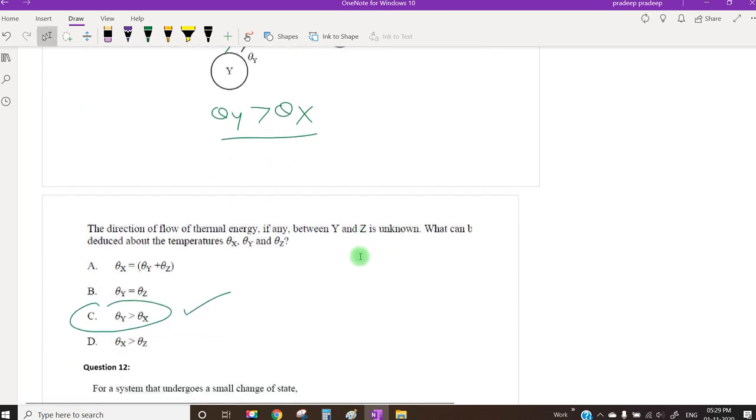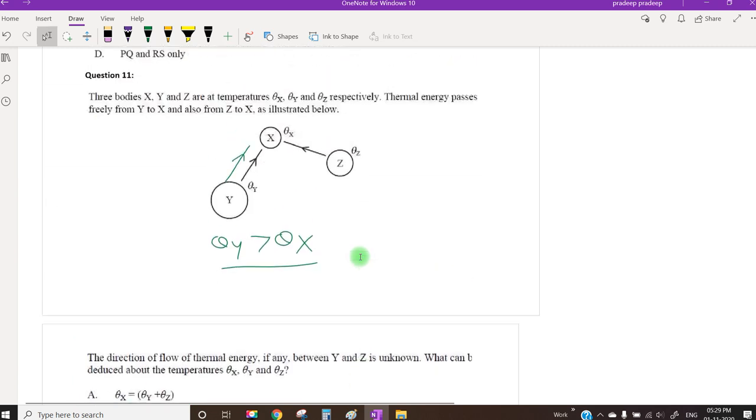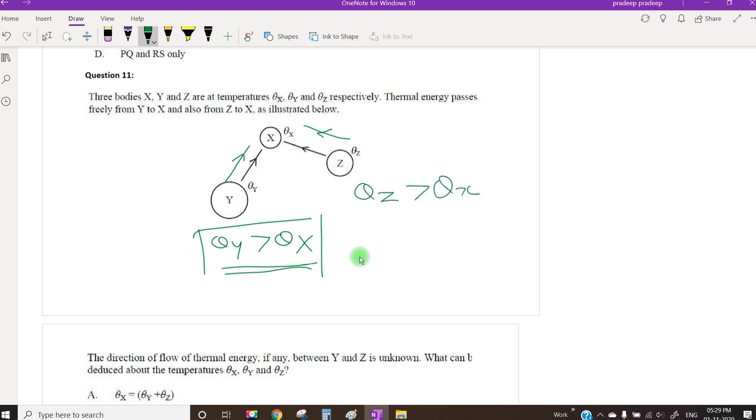That is one of the relations you can deduce, and from z to x is the direction of heat transfer, so we can deduce that theta z is greater than theta x.